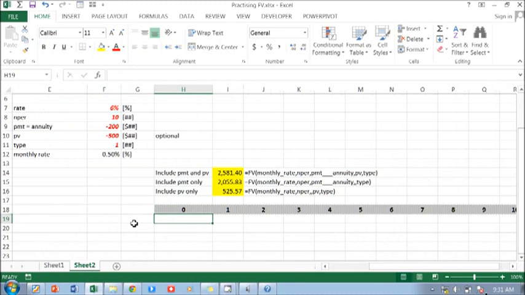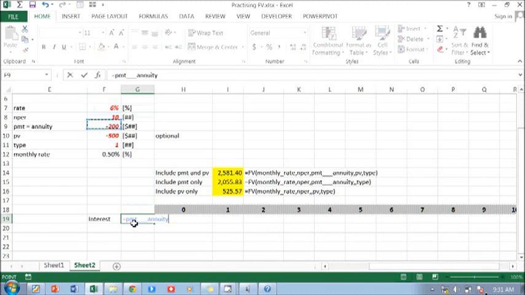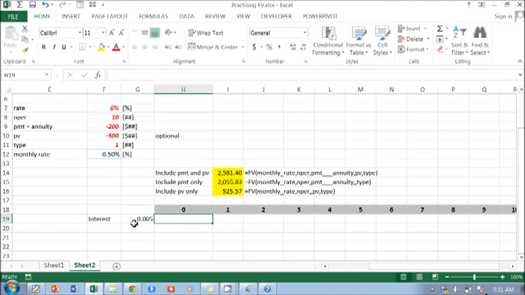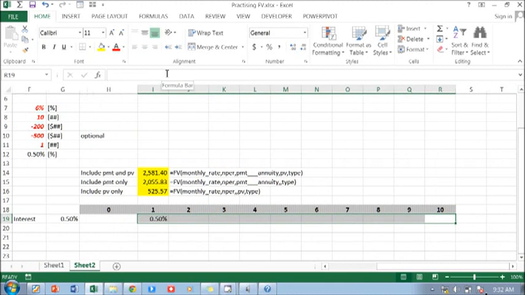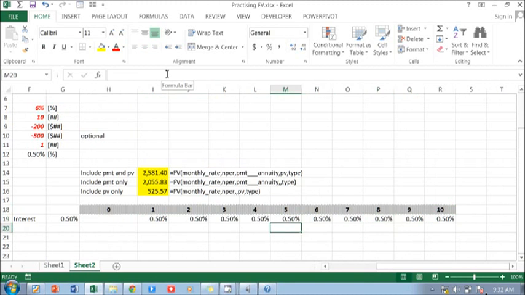Alright, so what happens is you have the unit interest first. So in this case you got 0.50%. Alright, and then this is the same. You just have to press F4 and then copy it to the right.